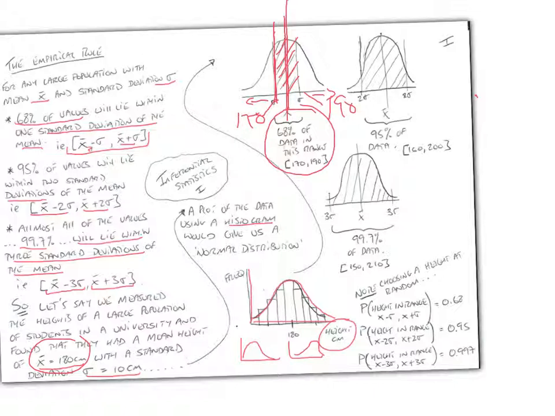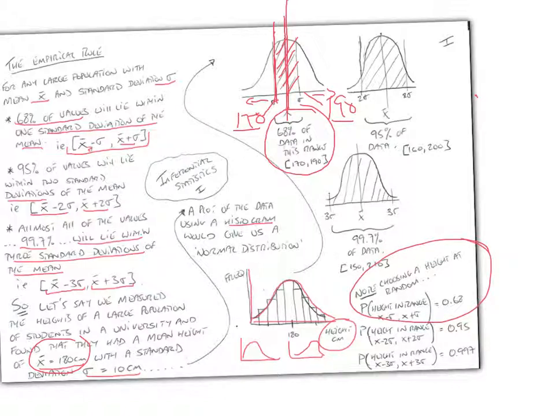And actually, if I was to pull one piece of data out of the 1,000 pieces of data, the probability that the height would be between 170 centimetres and 190 centimetres would be 0.68.